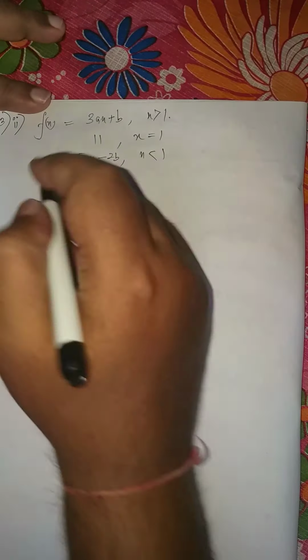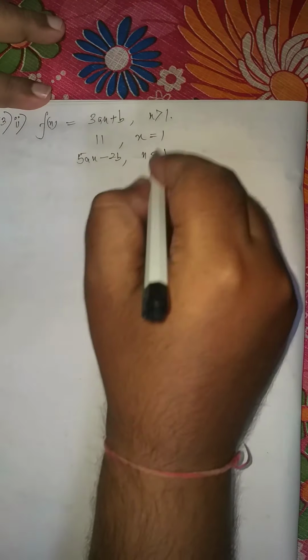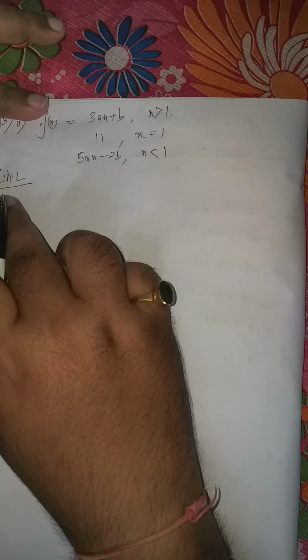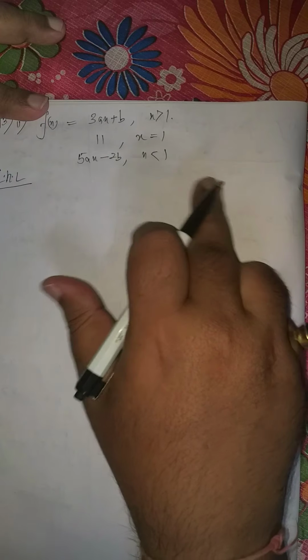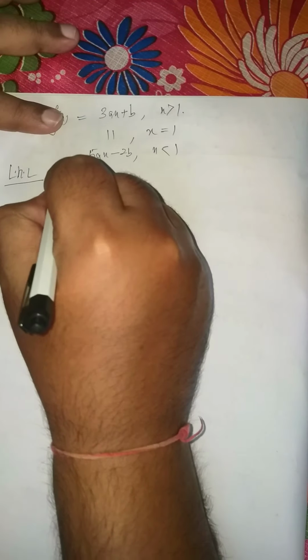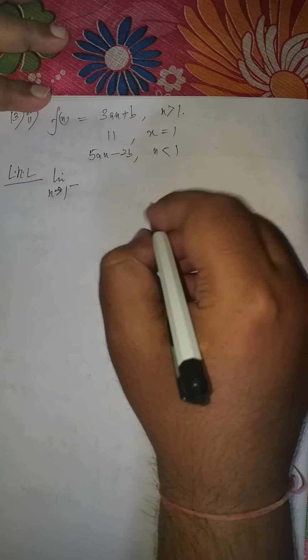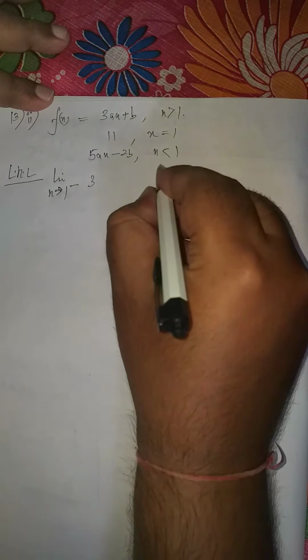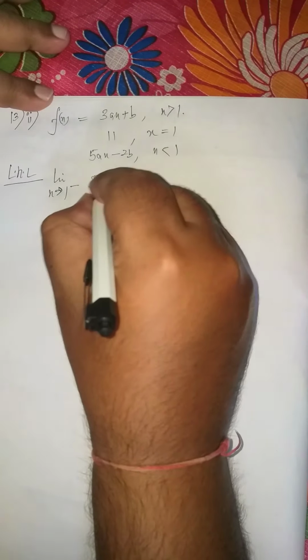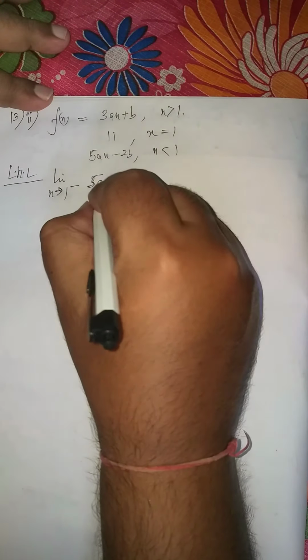So how to do? It is given in the question that the function is continuous. Continuous means you can use the property that LHL equals RHL equals f of that point, that is f of 1. All the three will be the same. So first find LHL. LHL means limit x tends to 1 minus. Which function will you take? The last one, the third one, x less than 1.